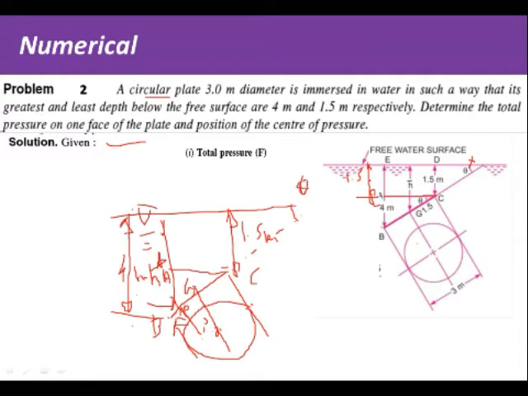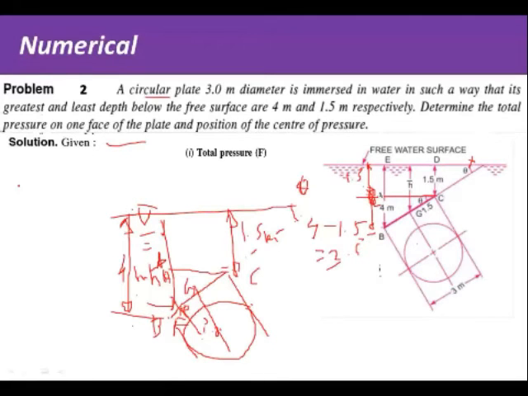This is a horizontal line and point C is 1.5 meter below, so point A is 1.5 meter below the free liquid surface. And this total depth is 4 meters. So the distance of BA will be 4 minus 1.5, that equals 2.5. So this distance will be 2.5 meter.